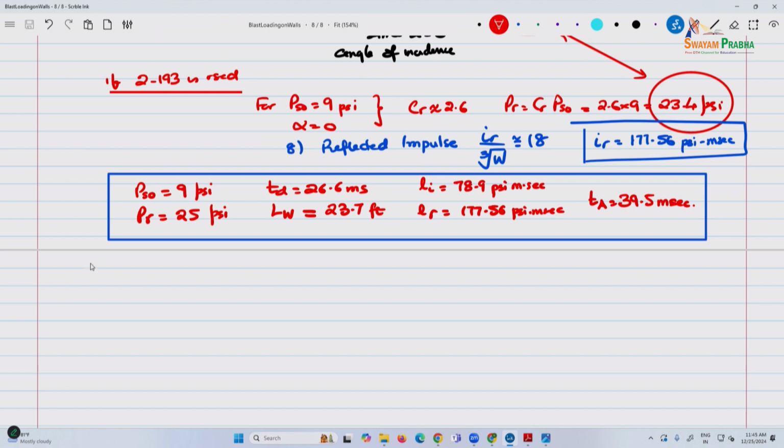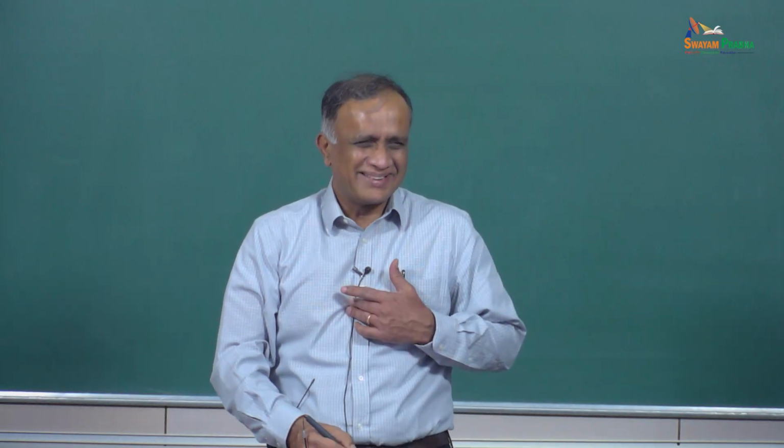So the next step, which is 3, is, when I'm in class, the biggest corrections I get, it's step 3, not step 4. I've written step 4.